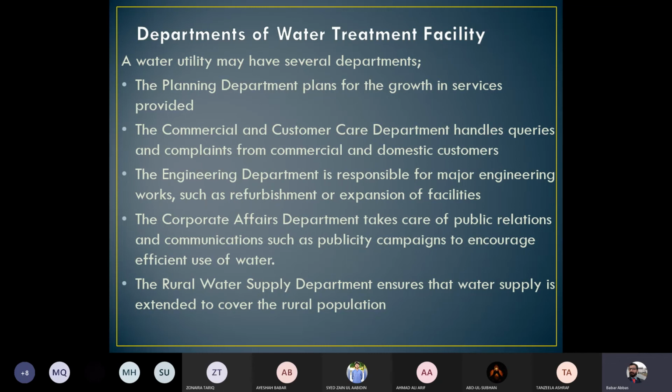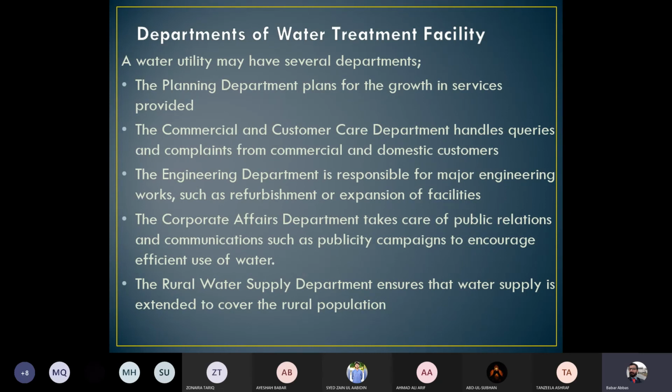The planning department, which is the foremost department, must be established before the construction of the water treatment facility. The planning department plans for the growth in services being provided by the treatment facility. The commercial and customer care department handles the queries and complaints from commercial and domestic customers.